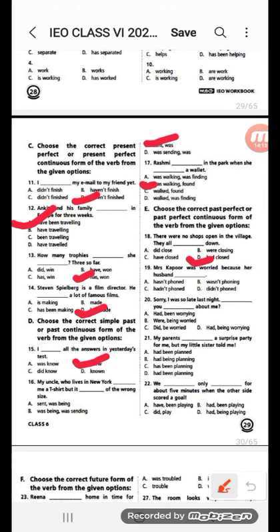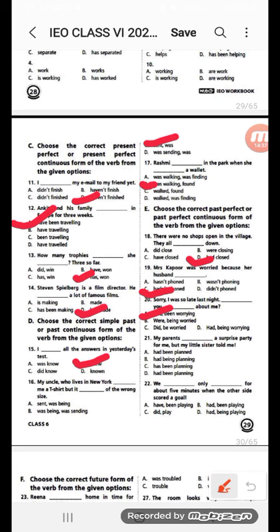Number 19. Mrs. Kapoor was worried because her husband hadn't phoned. Number 20. Sorry, I was so late last night. Had you been worrying about me?